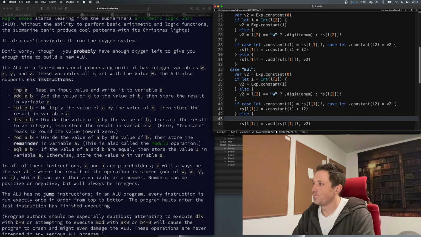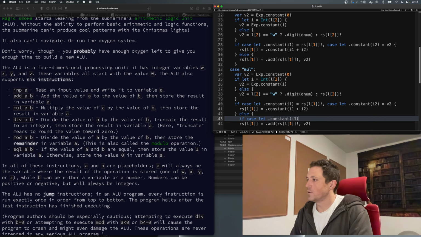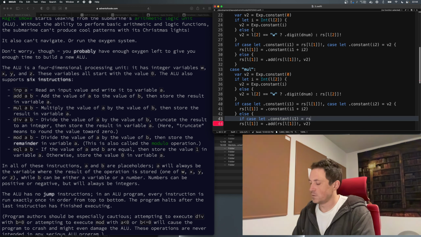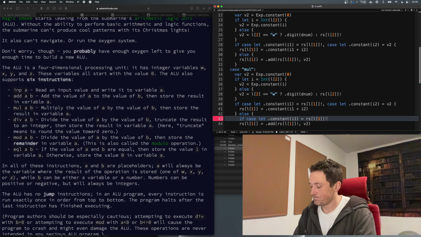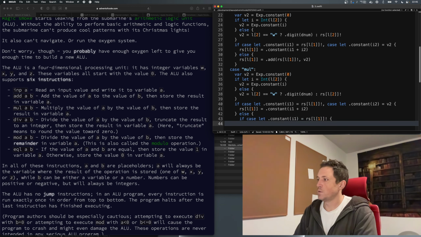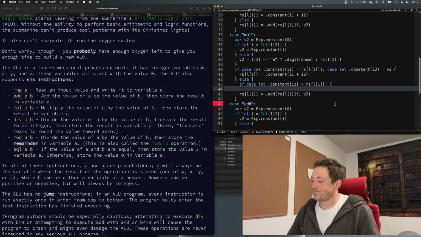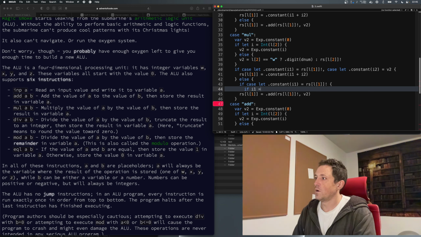So, if let constant I1 SL1 equals 0, then we do something.